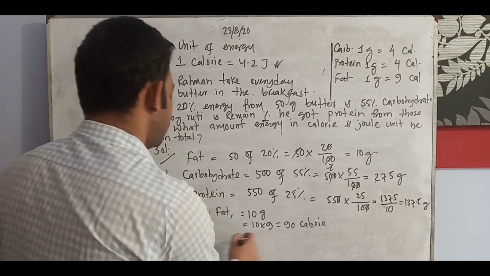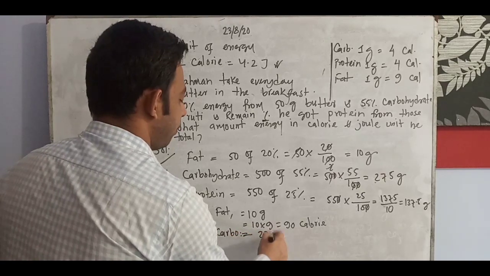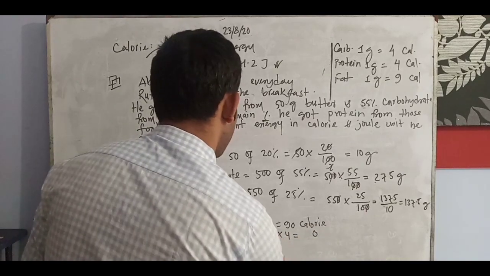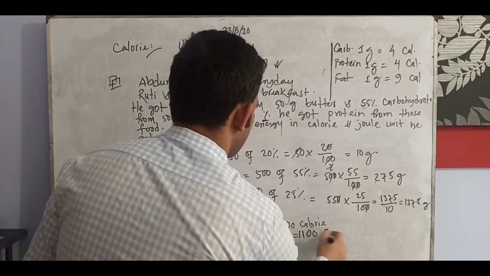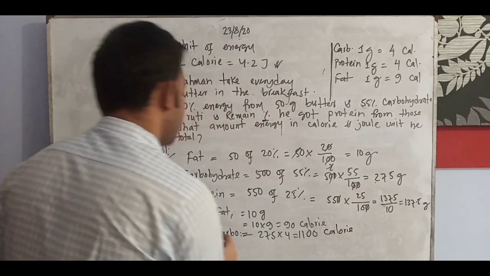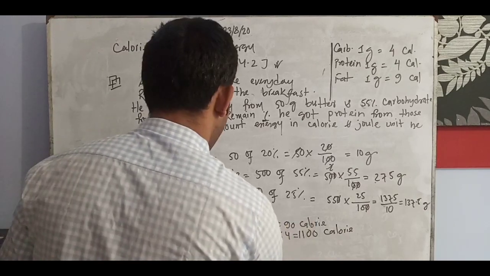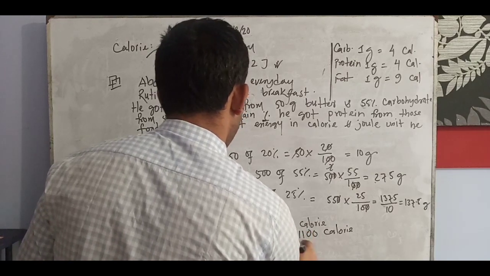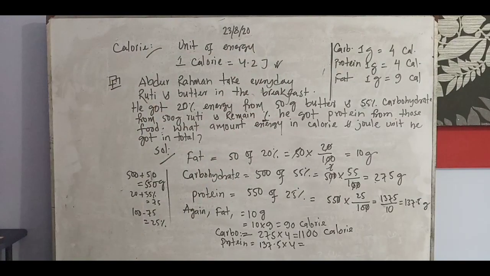Then carbohydrate: 275 into 4, 4 5s are 20, left in hand 2, 0, left in hand 3, this calorie. And protein is another part. Protein is 137.5 into 4. Can you do it with a calculator if you have one, and write the comments there. Last one, 137.5 into 4.